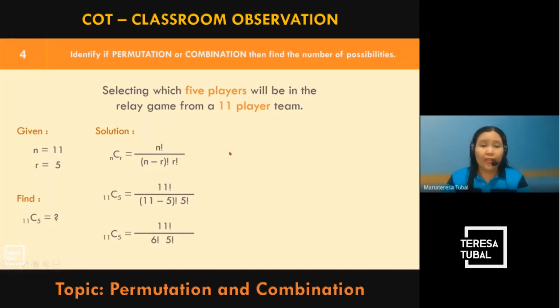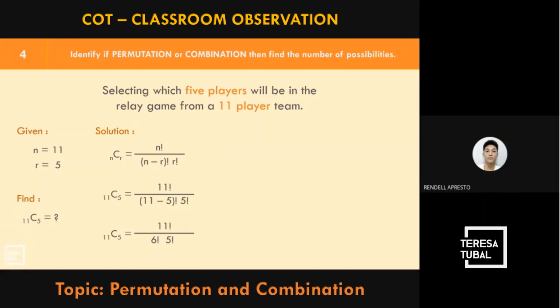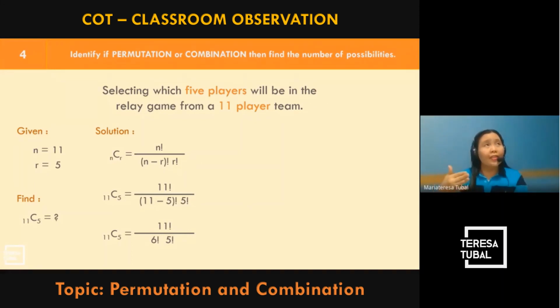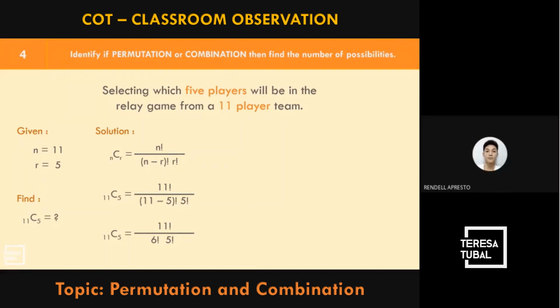Apresto, can you continue to solve? 11 times 10 times 9 times 8 times 7 times 6 factorial over 6 factorial, 5 factorial.